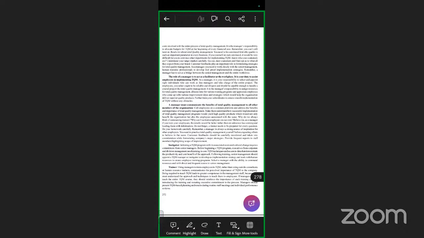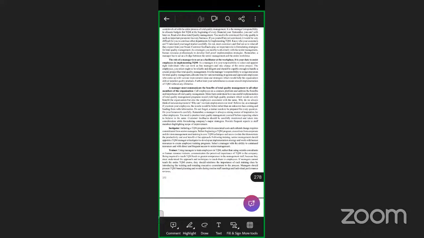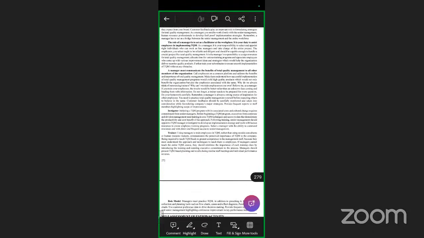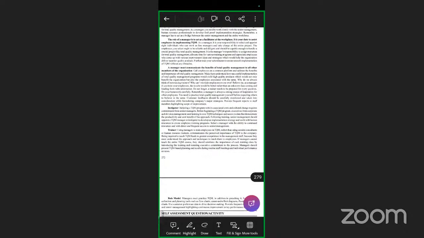So if the management, like employers, think that they want to implement TQM, first they need to train the top level managers. After training, it is their responsibility to implement TQM and allocate the budget. A manager must communicate the benefits of TQM, total quality management, to all other members of the organization.